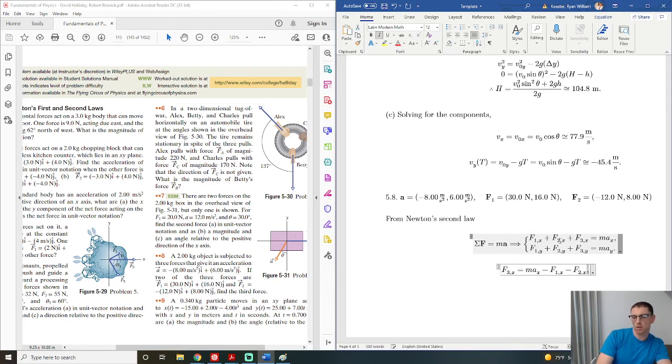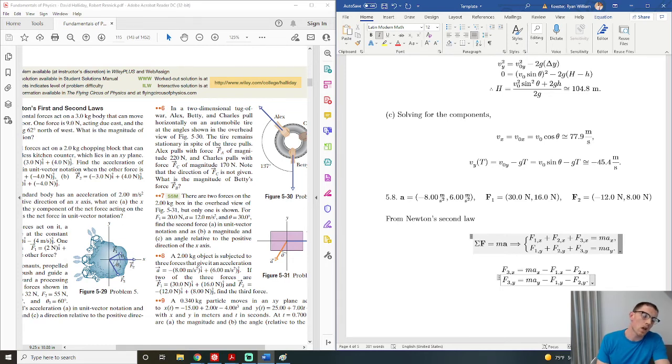And then we're just going to do the exact same thing for the y. And that's it. You just have to be careful with your signs, because you don't want to accidentally put an extra negative in there, or take something that's negative and make it positive, right? So you just want to make sure that you're being very careful doing the algebra. But this is all you do here.